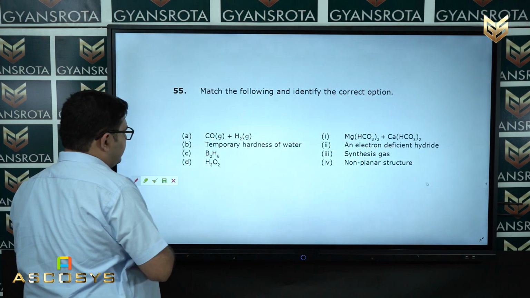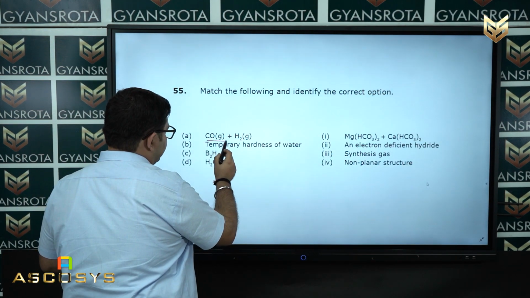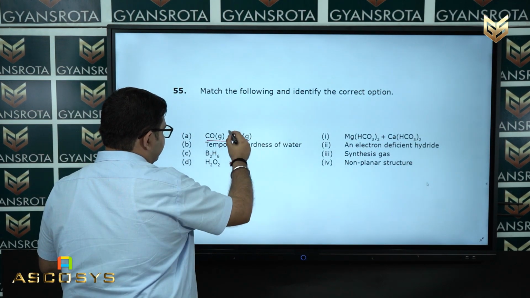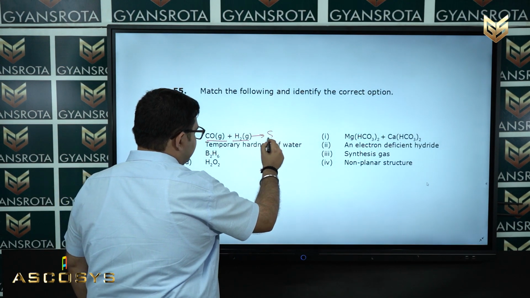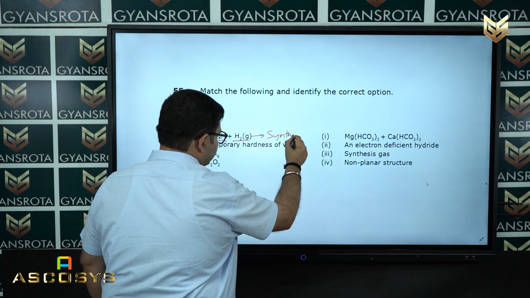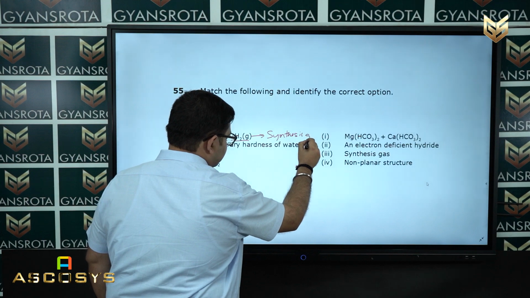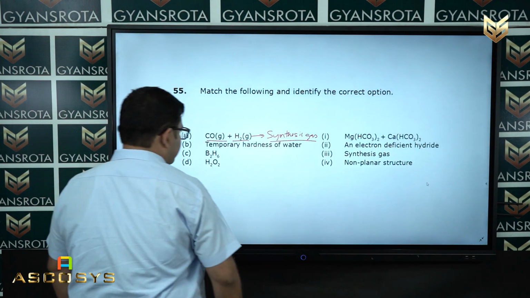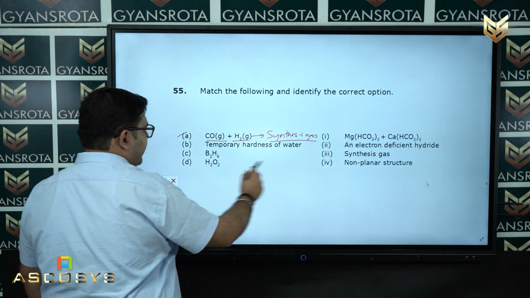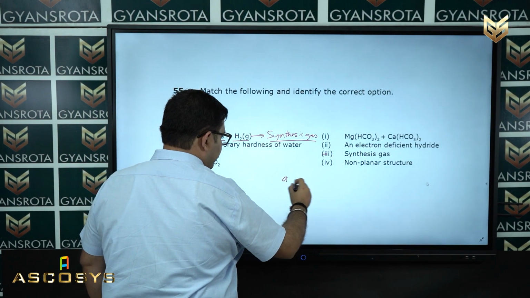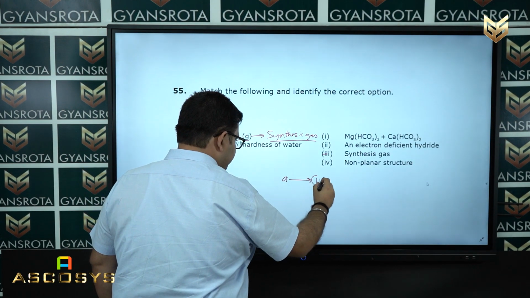Now, if you see here the first one, that is carbon monoxide gas with hydrogen, this one basically is called synthesis gas. Now, if you see synthesis gas, this A is matched with 3, okay, A is matched with 3.